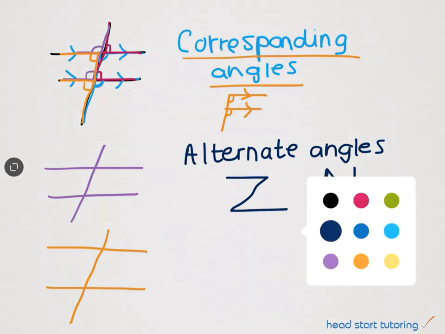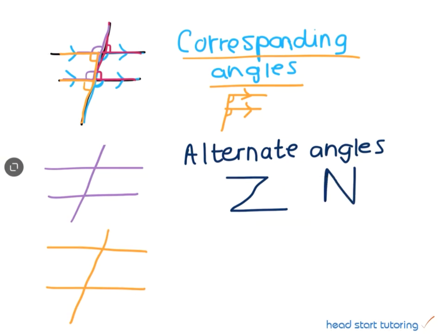So with our Z or our N shape, those two lines have to be parallel. And if those two lines are parallel, then these angles there will be equal, and these angles will be equal. So we are looking for an N or a Z shape with our parallel lines.